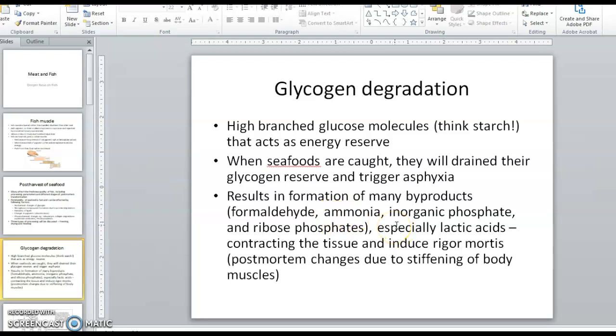It can produce lactic acid because of the anaerobic respiration from the energy formation during the movement of the fish. And this reduction in pH because of the lactic acid can cause contracting of the tissue and induce rigor mortis, the post-mortem change due to the stiffening of the body muscles.